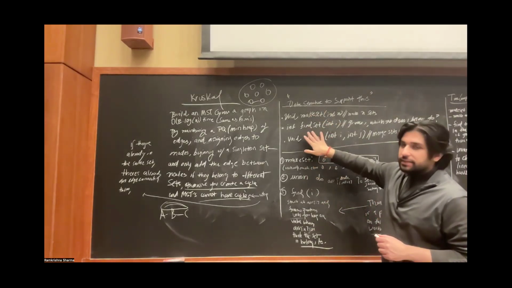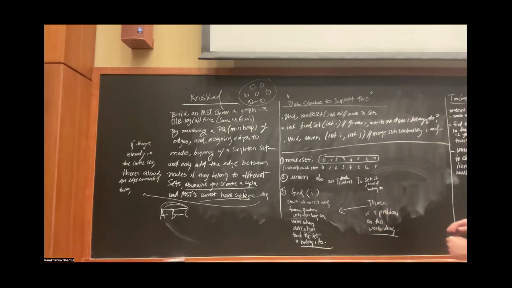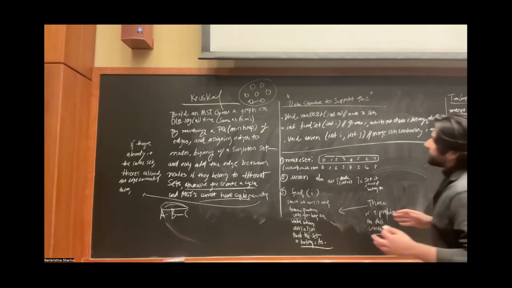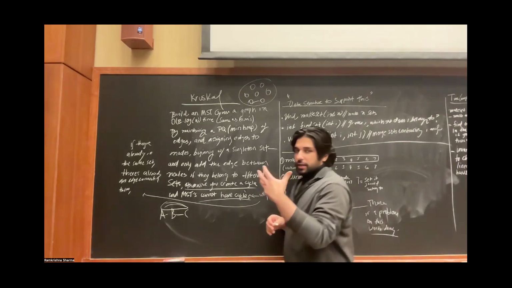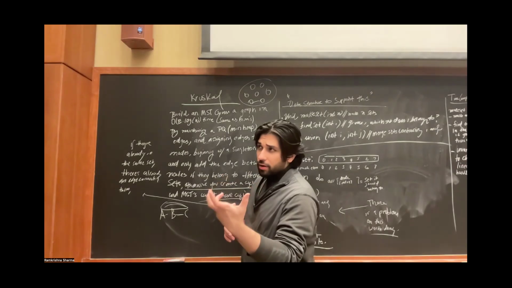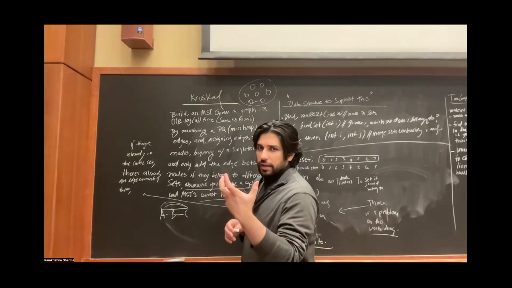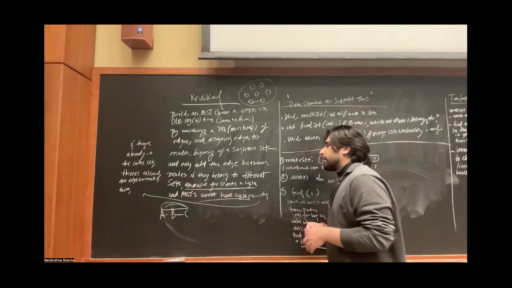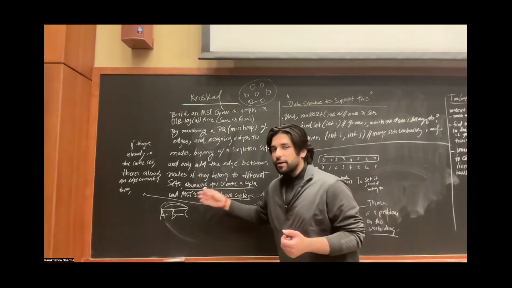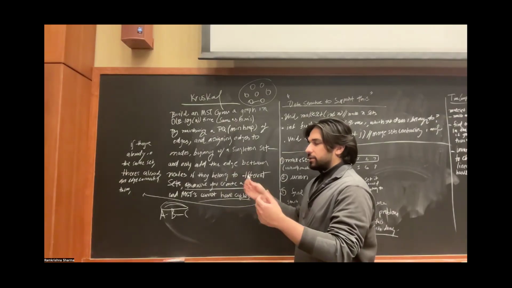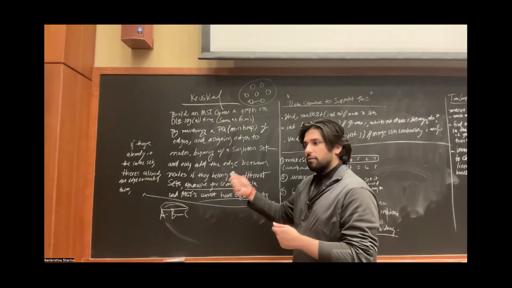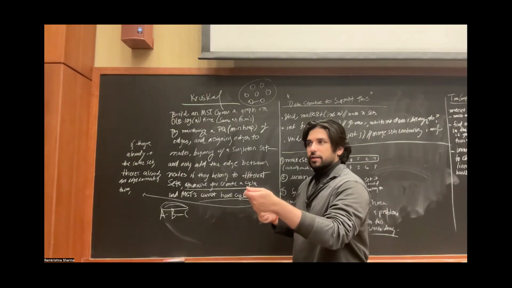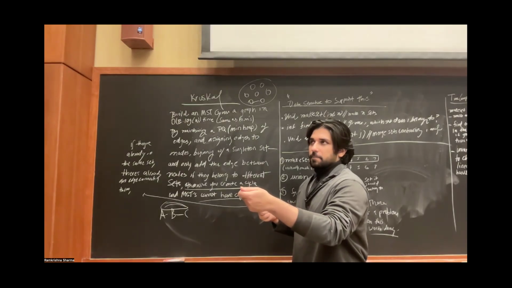Then you need a find set function, right? You need to be able to say, can I input a node at hand, and can I figure out which set this belongs to? Why is that important? Well, because of course we need to be able to compare, is this node I'm trying to attribute an edge to already in the same set as another node?